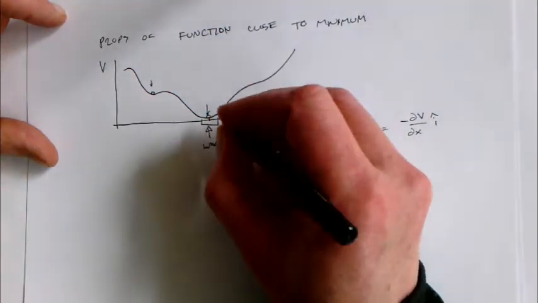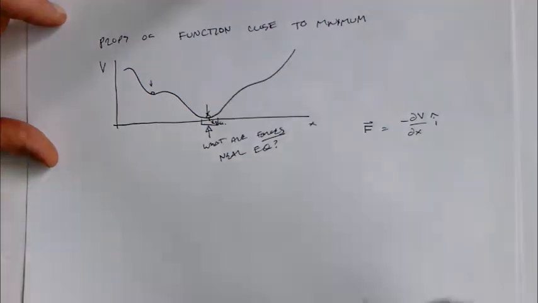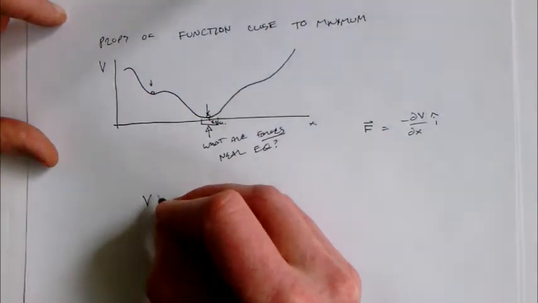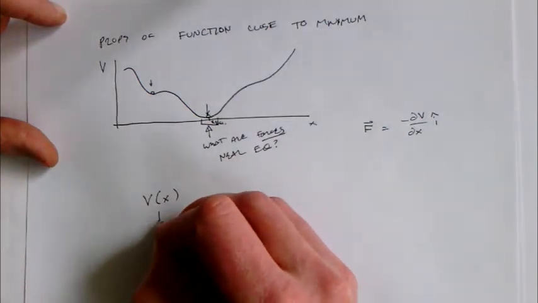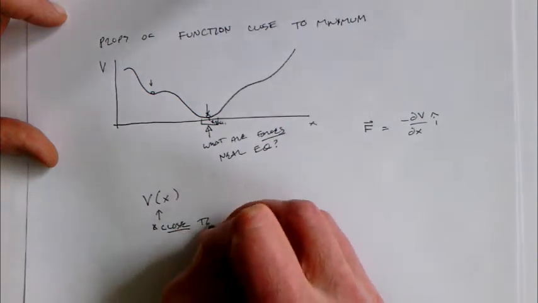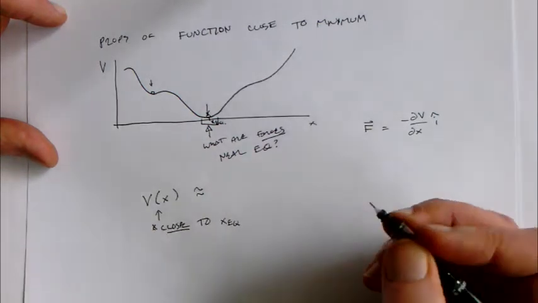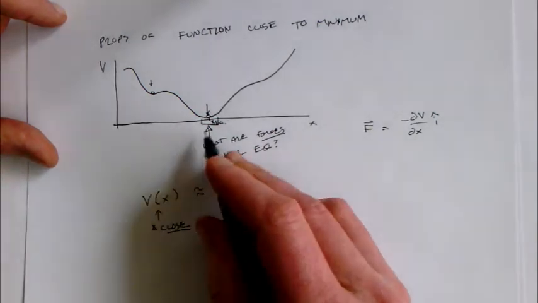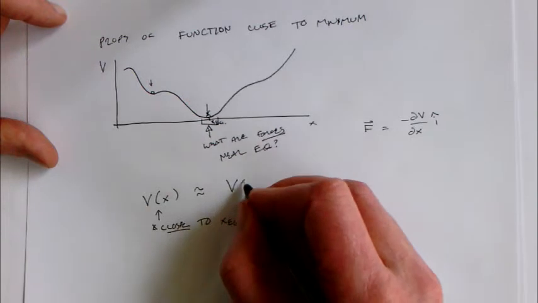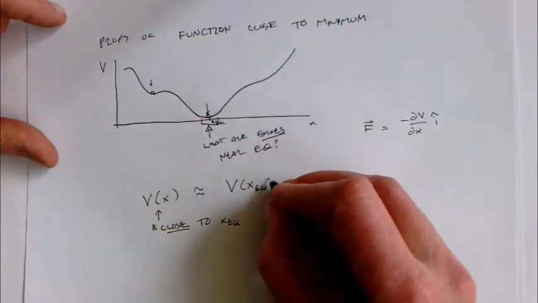If I call this point my x EQ, then my potential at some point x close to x EQ is going to be what? Well, the first approximation, if I'm expanding this function, would be the value of the potential at x equilibrium.